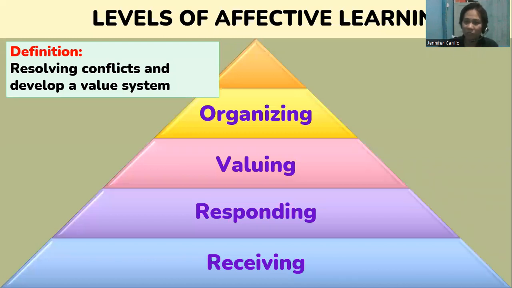So for example, we have a social dilemma, let's say a student has an exam the next day, and a classmate says, I will give you 500 load, in exchange I'll just let you copy. So that will create a conflict, and you will see if the student has the right attitude or affective learning, if he or she can effectively resolve that conflict and develop a value system.